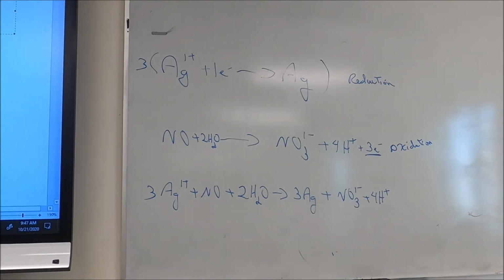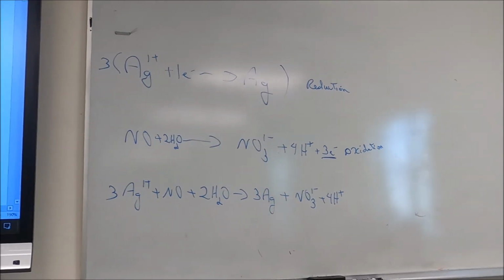Now, these are kind of tedious. There's a method to the madness, because we like to break problems up into half reactions, because that helps us decide how we're going to build our devices.